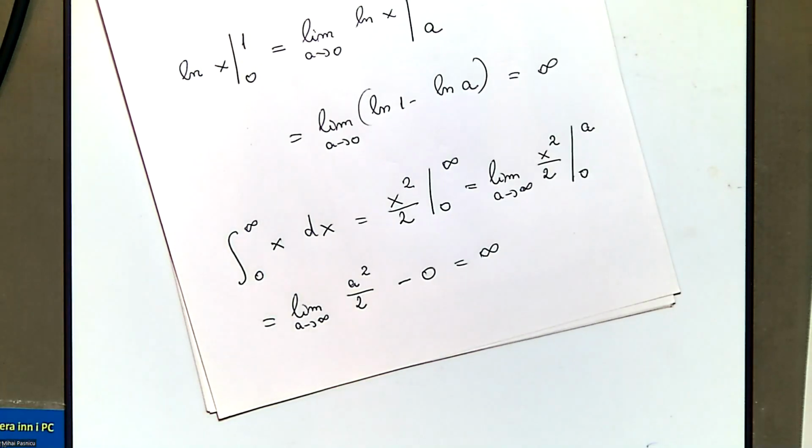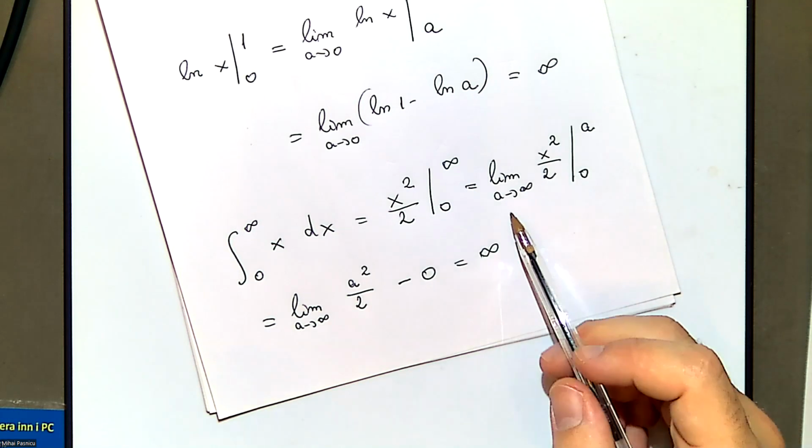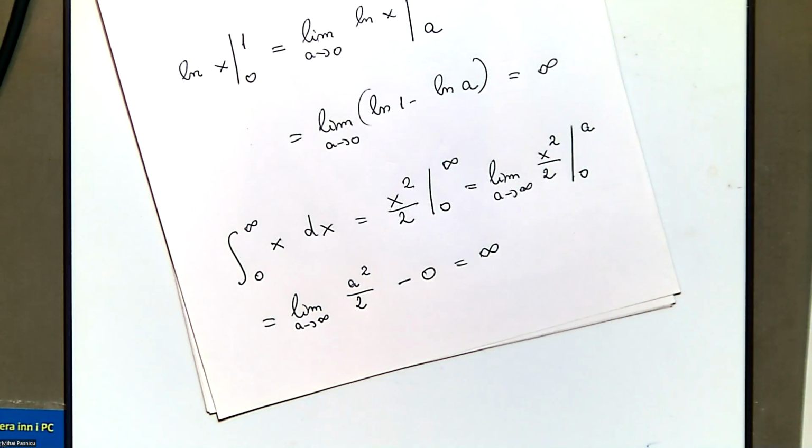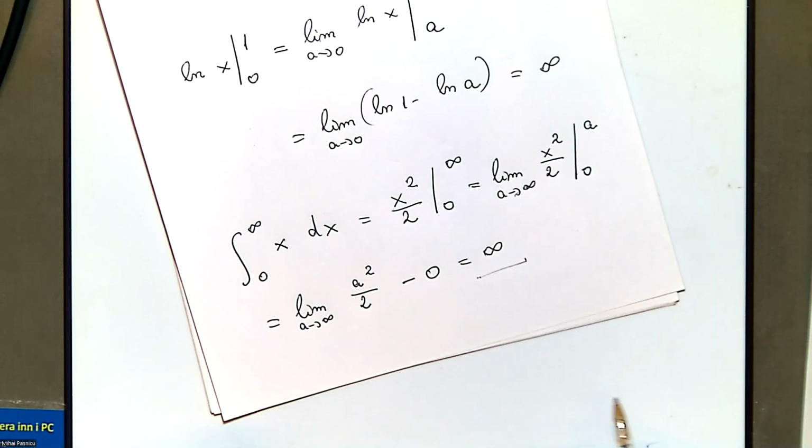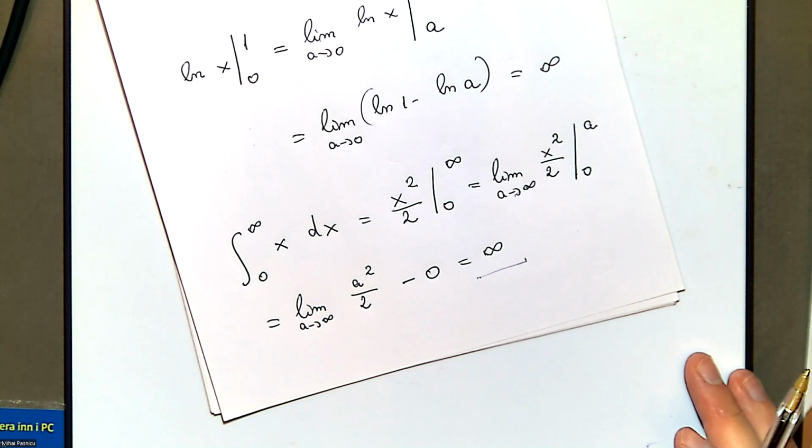Now, the cases I'm giving you are very obvious, and if you had this on the exam, you would just skip this whole process and write infinity, and I would give you full score for it. The problem comes if you have some more complicated thing there, a more complicated fraction where it's not so obvious it goes to infinity.